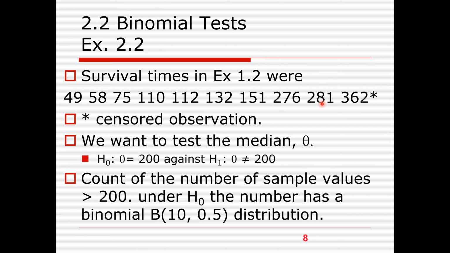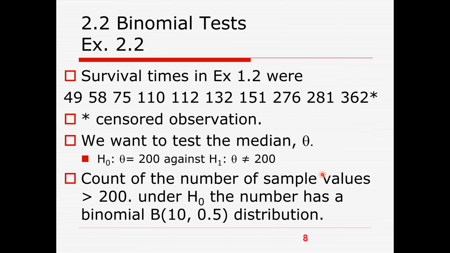This counting result should follow a binomial distribution, right? Because for each patient, there are two outcomes: either he or she survived over 200 months or less than 200 months. So we have 10 patients, 10 observations, and for each observation, there are two outcomes.